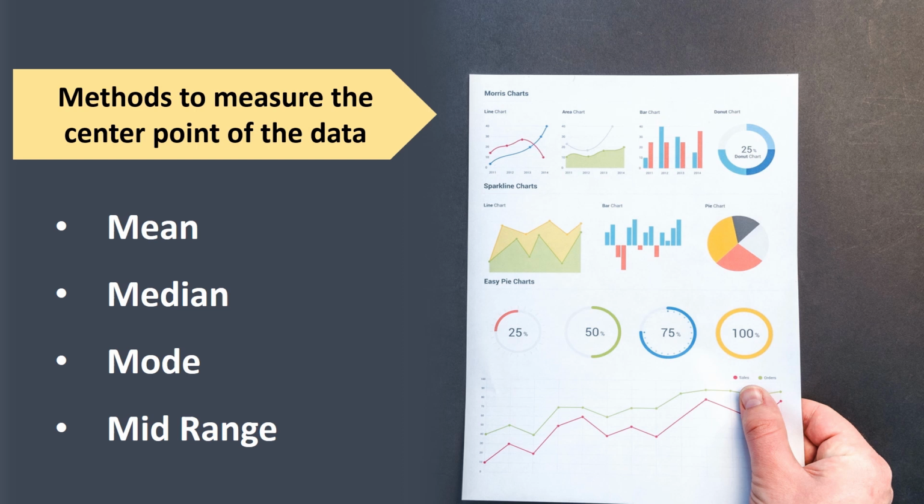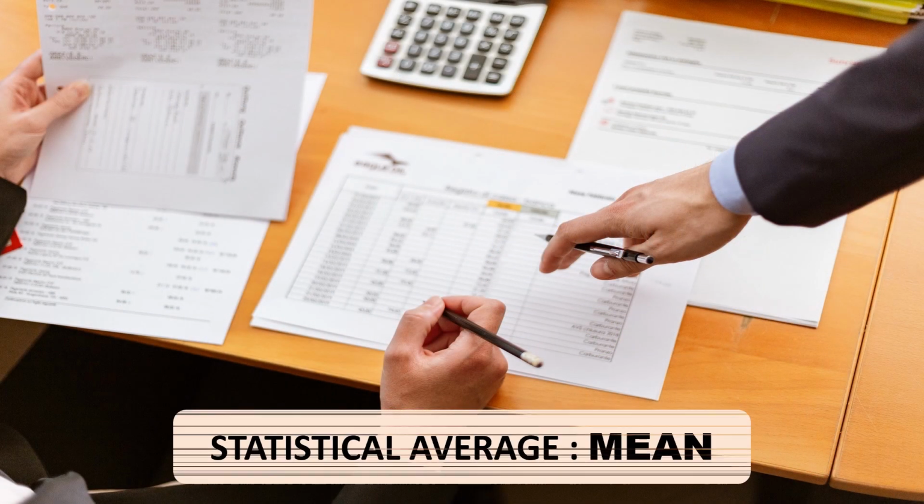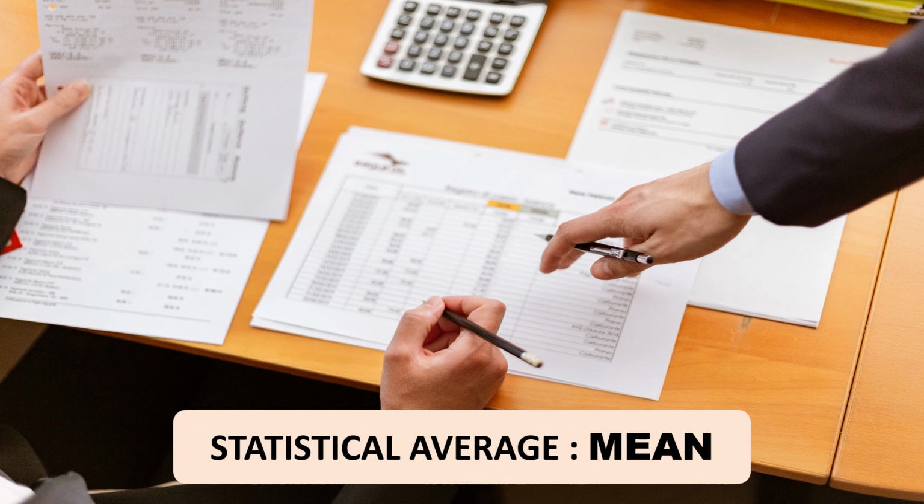Mid range is generally not used, for a particular reason which we discussed at the outset of this session. So, we will start with mean. What is mean? Mean is nothing but the statistical average or arithmetic average. Average may be of many kinds, not only arithmetic, it may be harmonic or geometric. By and large, mean is the statistical average.